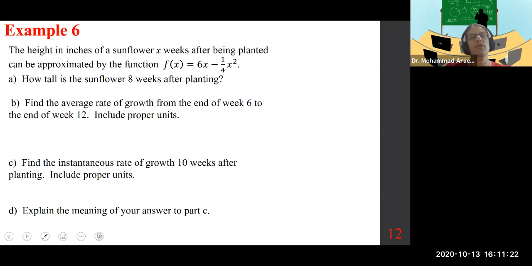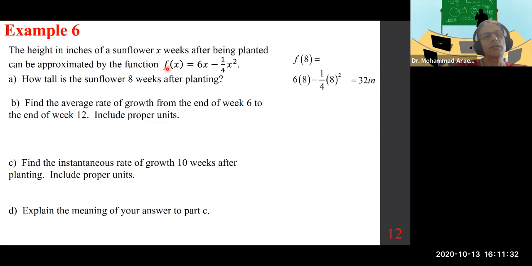The first part is very straightforward. You have the function, plug in 8. And the units, the height in what? Take a look, in inches. So you have to pay attention to the units always when you do word problems. The next one, the average rate of growth. The total growth over the course of 6 to 12 weeks over the total time.